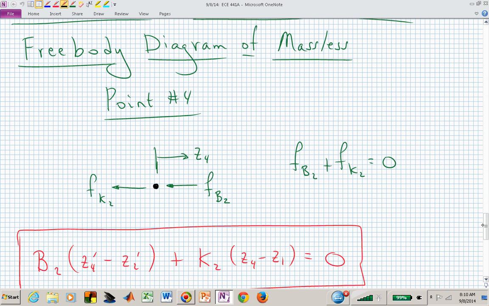Finally, for point number 4, I've just represented that as a blob, but now if you displace that in the positive z sub 4 direction, you do have spring 2 and dash pot 2 producing forces as a result of moving point number 4, and we end up with this fourth equation.